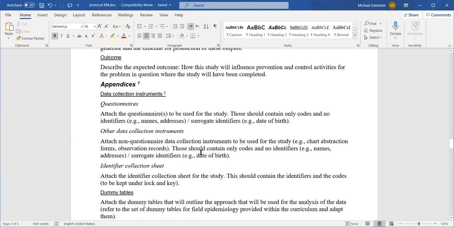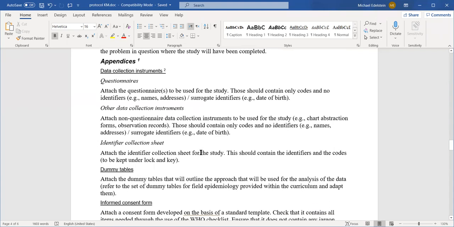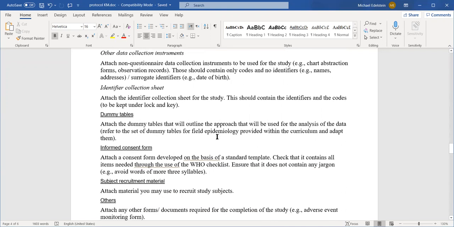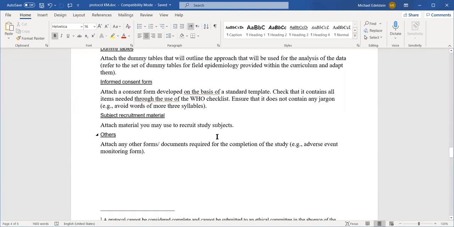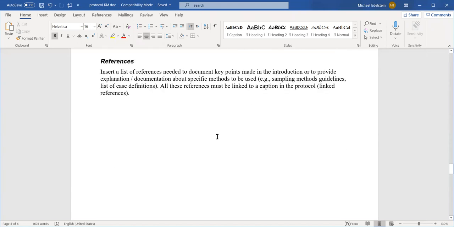And then you add the appendices that we talked about: the questionnaire, if you have a questionnaire, other data collection instruments, if you have them, the dummy tables, the consent form, if it's relevant, and if you have an information sheet about the study, you include that. And then in the end, you have your references, and that's it.